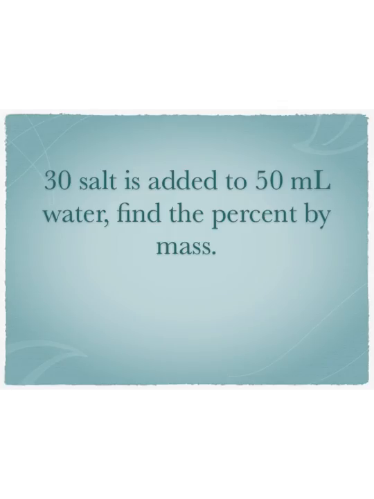So 30 milliliters, or sorry, there was supposed to be 30 grams of salt added to 50 milliliters of water. We're going to find the percent by mass. Well, the salt is easy. It's already in grams. Now, if they give you moles, you would still need to convert it back to grams. 50 milliliters of water is just 50 grams of water. So on top is easy. It's just 30 grams of salt.